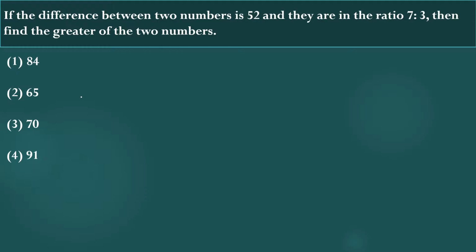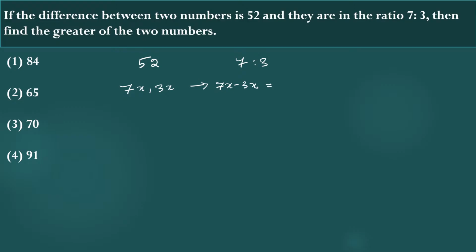See the question. The difference between two numbers is 52, and the numbers are in the ratio 7:3. Find the greater of the two numbers. Let us take the two numbers as 7x and 3x.